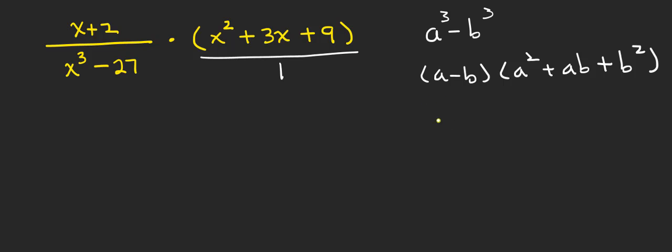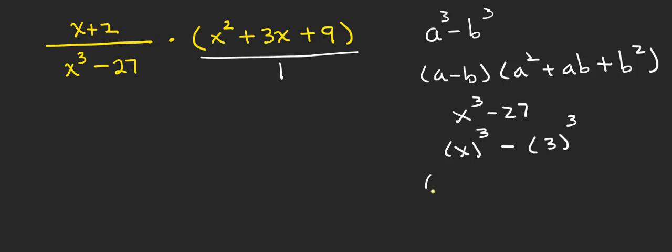So if you look at x cubed minus 27, this is the same thing as quantity x to the third minus quantity 3 to the third. So your A is x and your B is 3. Using substitution, you get x minus 3 times x squared plus 3x plus 9.